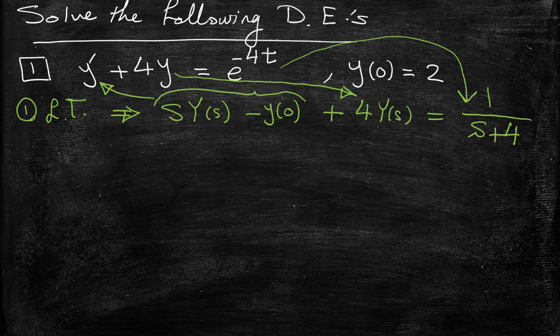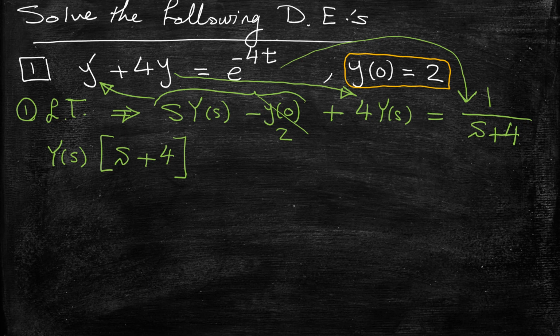We have y(0) given, equal to 2. So substituting this equal to 2 and taking Y(s) common, Y(s) will be multiplied by (s+4), and this 2 goes to the opposite side, giving 2 + 1/(s+4).